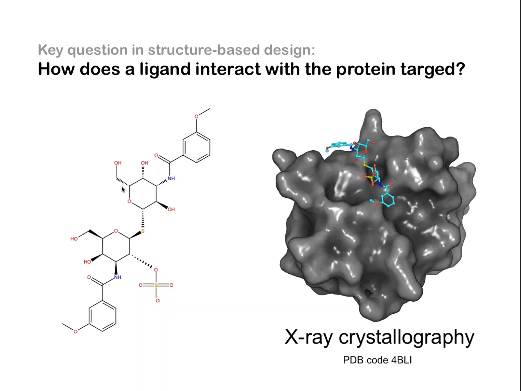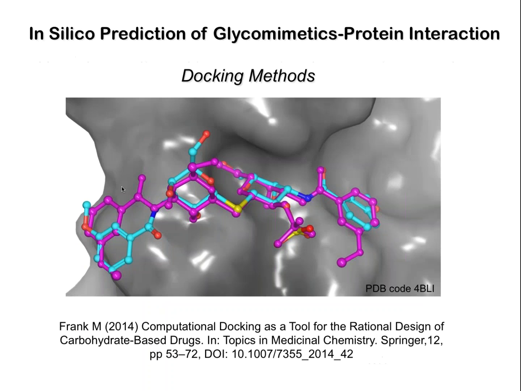What we typically hope is that at some stage we would get a crystal structure, and this helps the modelers to start from a very solid starting point. If we don't have a crystal structure of the particular ligand, then computational methods, particularly docking methods, might help to reveal the binding mode.